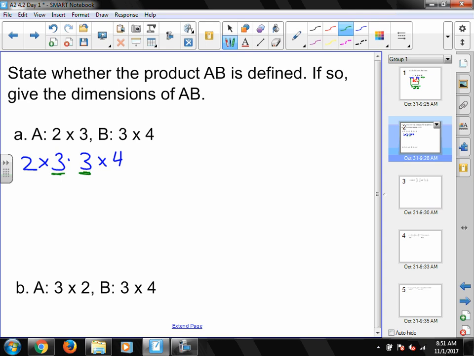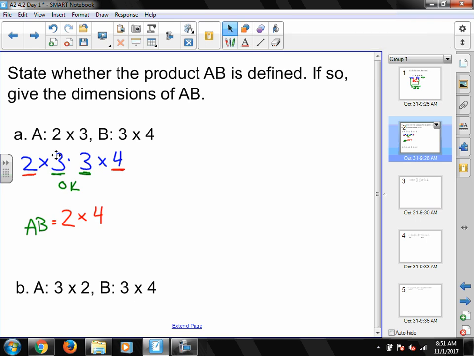They're the same, so we can multiply these. So this is okay, we're good to go. And our dimensions of AB are going to be our outside numbers, and we're going to get a 2 by 4 matrix. So I've got 2 rows, 4 columns, and that's going to be the size of that.